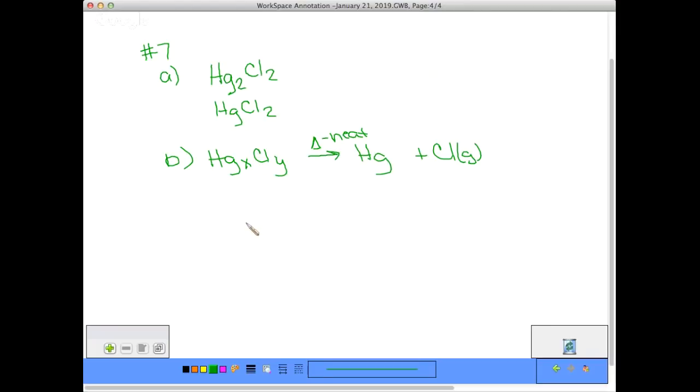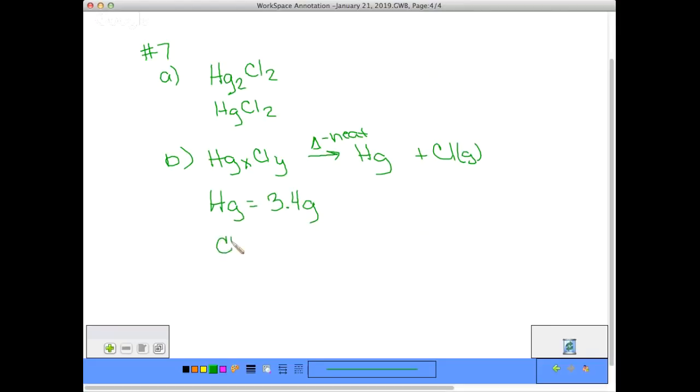So when I heat this compound, it breaks apart. When they say that we have 4 grams of mercury chloride and it's heated and 3.43 grams remain, that means the total amount of mercury I have is 3.43 grams.